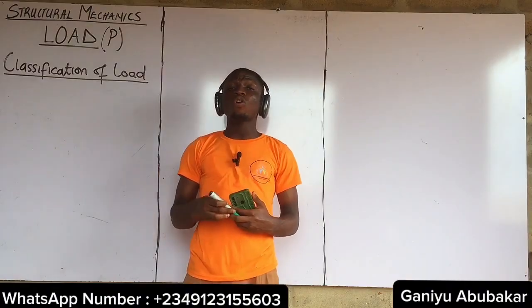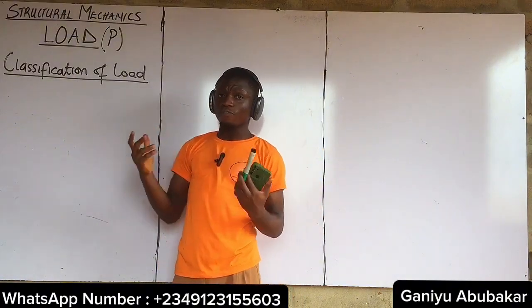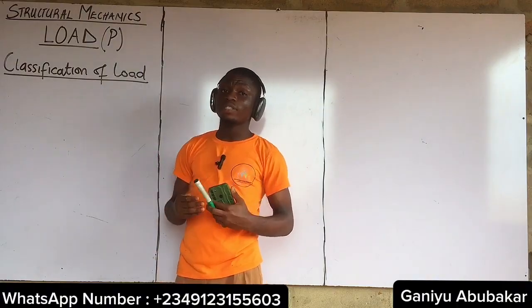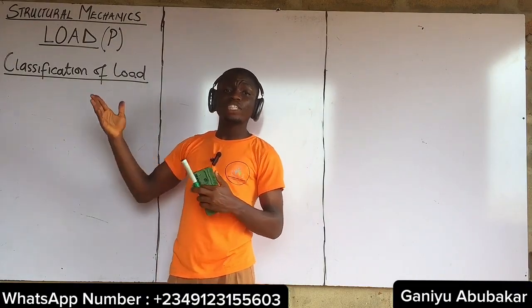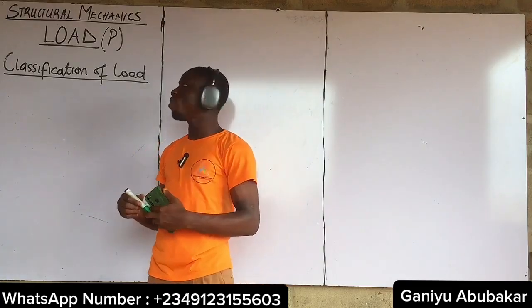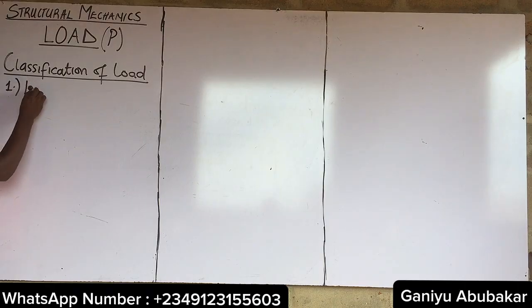All right, let's discuss another concept called classification of load, and we end today's class. When it comes to classifying load, there are two distinct ways. Perhaps let's start with dead load.